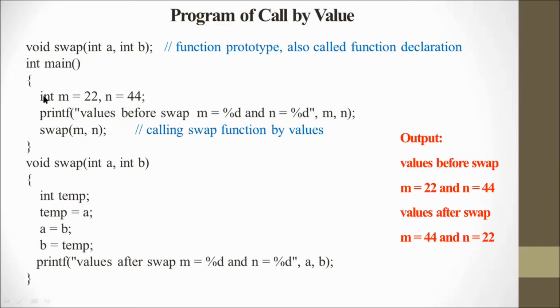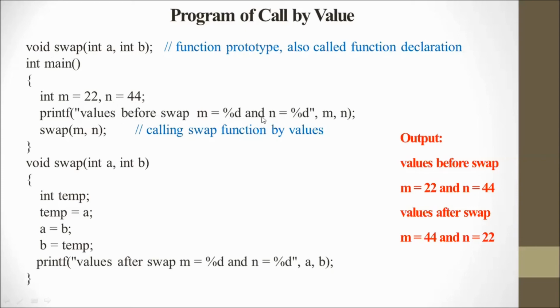Here we use int m equal to 22 and n equal to 44. printf just prints the message: values before swap, m equal to 22 and n equal to 44.